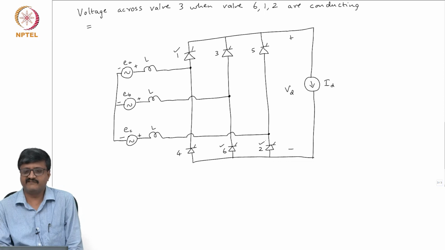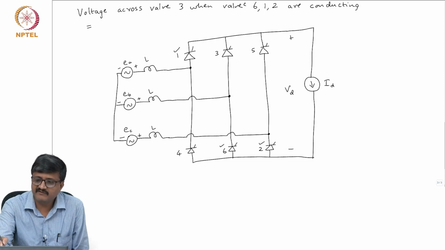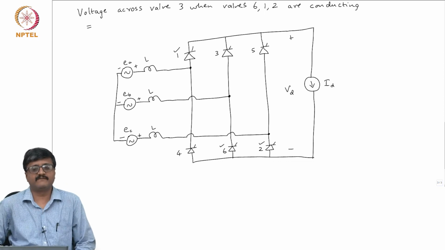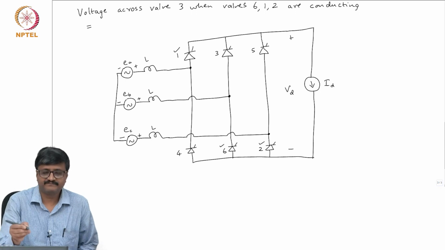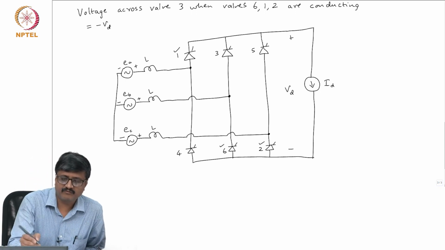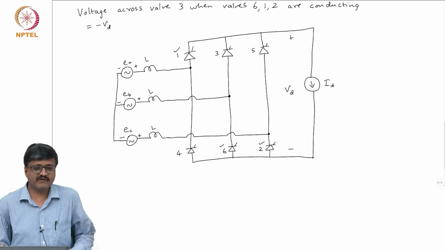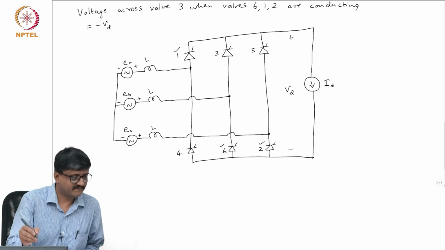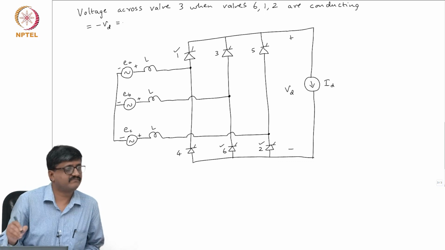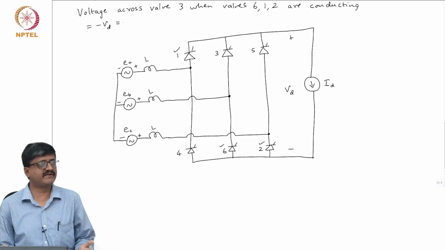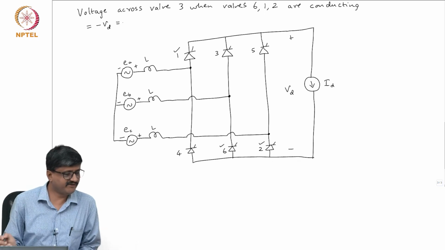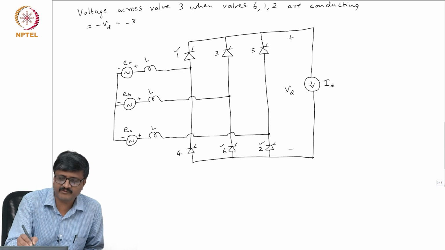Voltage across valve 3 when valves 6, 1, 2 are conducting is minus VD. Now, when 6, 1, 2 are conducting, what is VD? That we can make out from the table. 3 by 2 A. So, minus VD is minus 3 by 2 A.